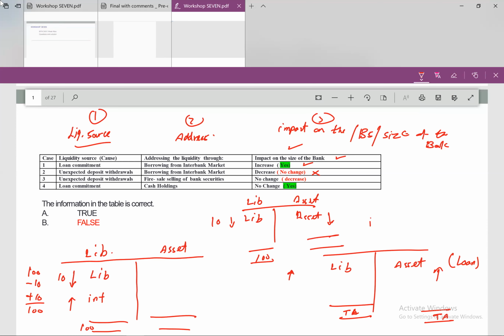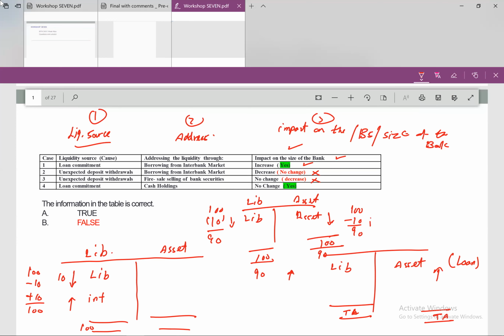I sold some assets. So this will be 100 minus 10, 90, and the assets could drop to 90 and 90, while it was 100. Okay, so number 3 is actually wrong.